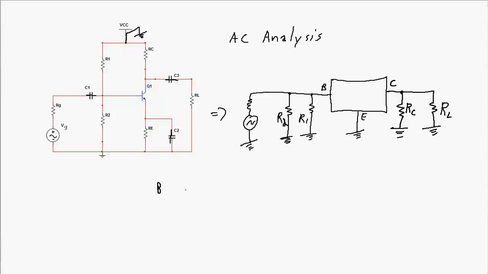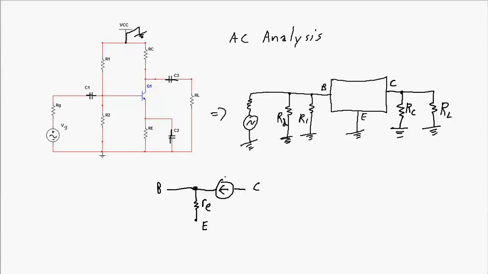I've got a base, and going down to the emitter, I have what I call the little RE connected to the emitter, and then over here at the collector, I have a current source.